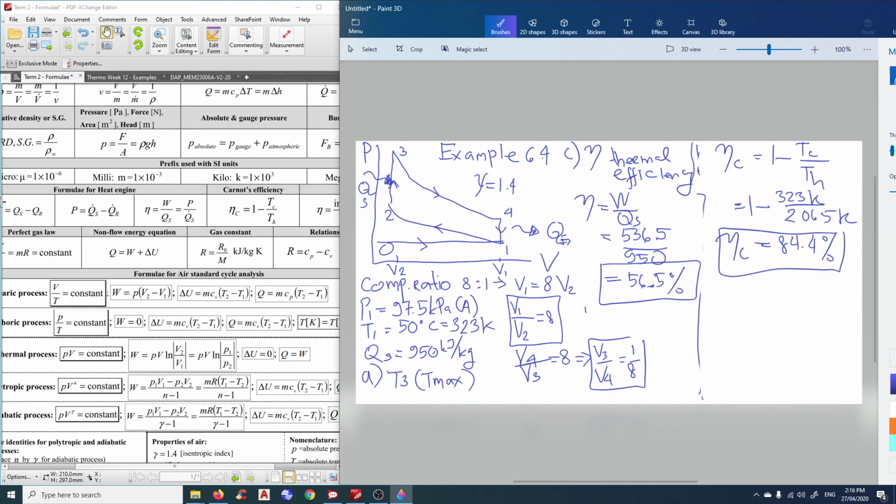This 56.5% is the thermal efficiency or overall efficiency, while 84.4% is the theoretical maximum efficiency or limiting efficiency. It wouldn't go far beyond this.